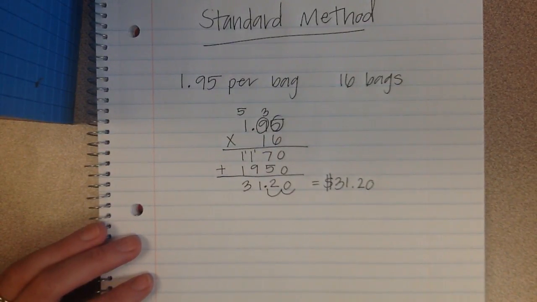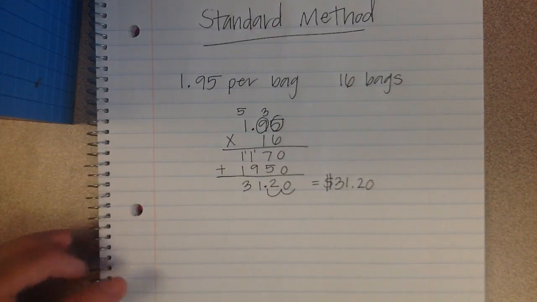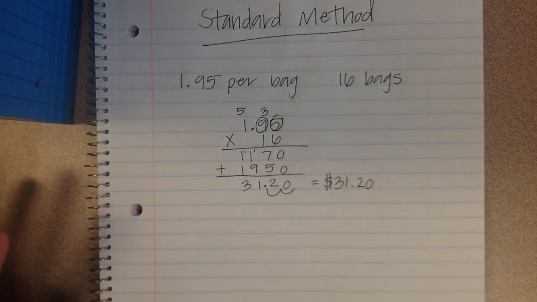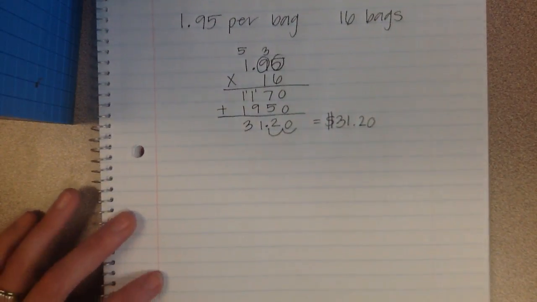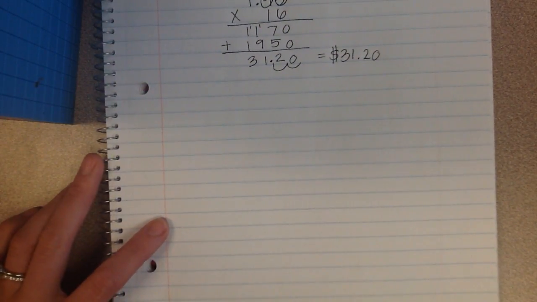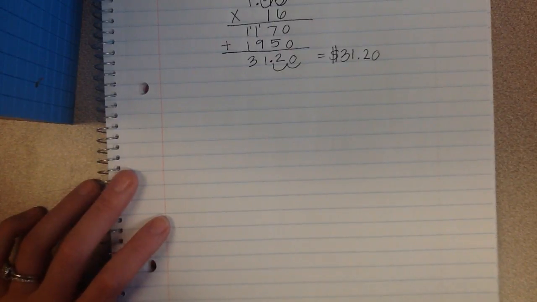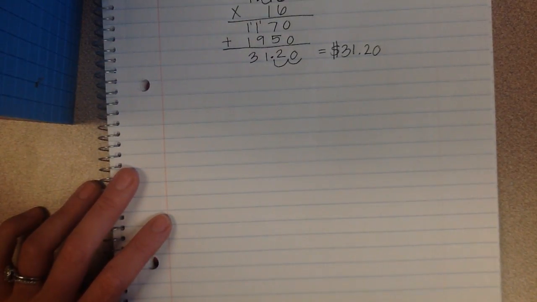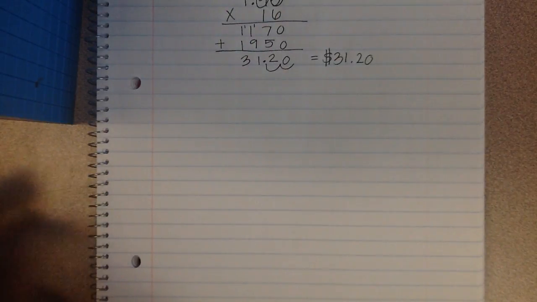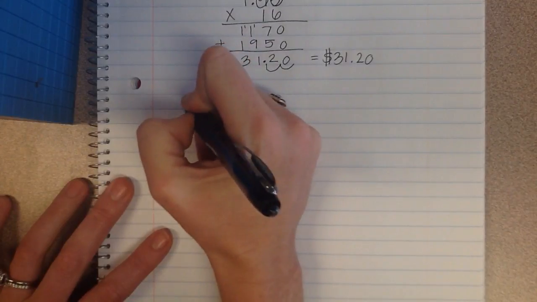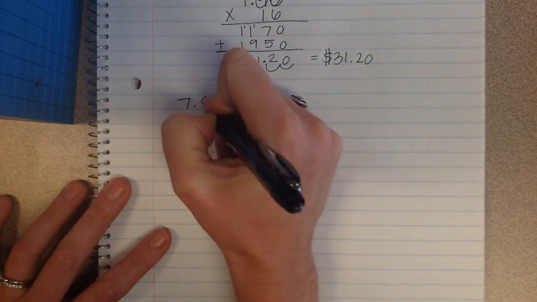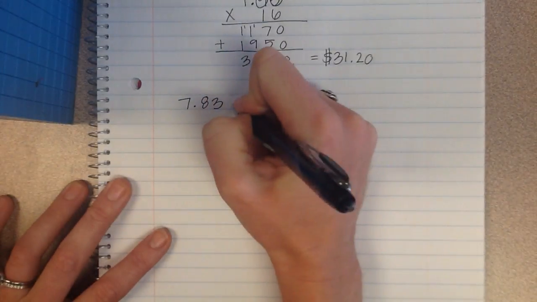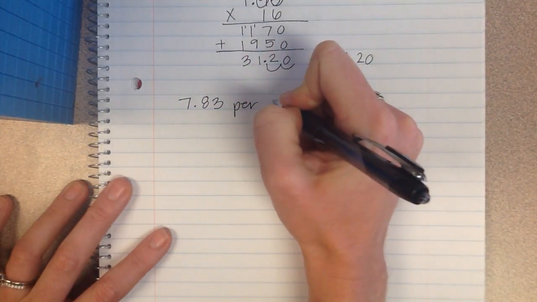Let me think who I want to use this time. I'm going to use Christian. Say Christian and I went to Walmart and we bought some footballs. No, we'll say basketballs. And the basketballs cost $7.83 per basketball.